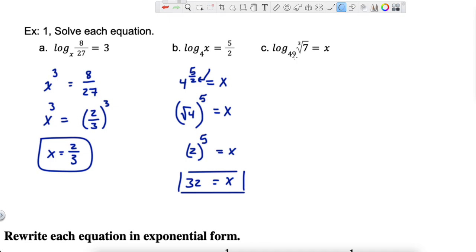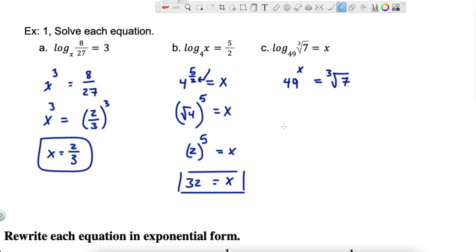Okay, log base 49 of the cube root of 7 is x. Start with the base, we're raising it to the x power, and this equals the cube root of 7.